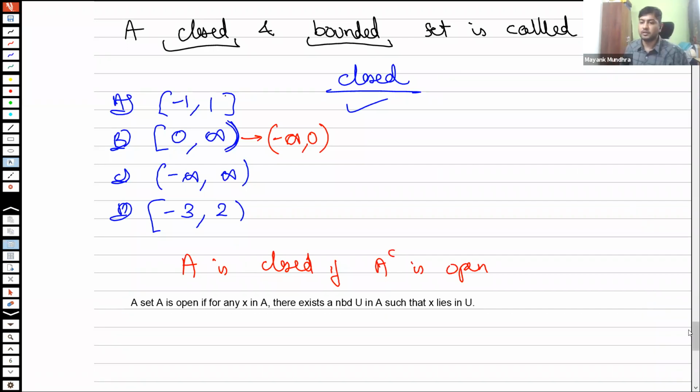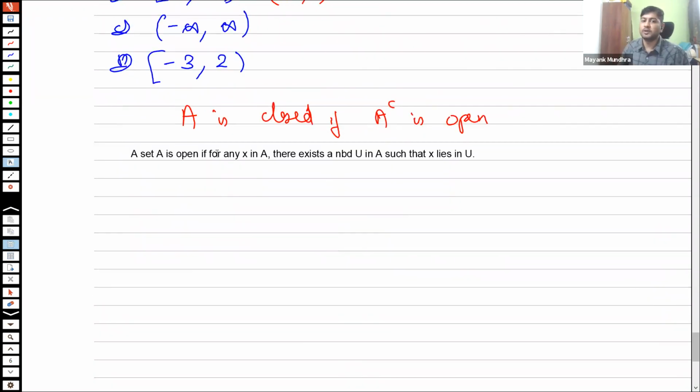A set is open if for any point in the set you can construct a neighborhood around that point which lies in the set.